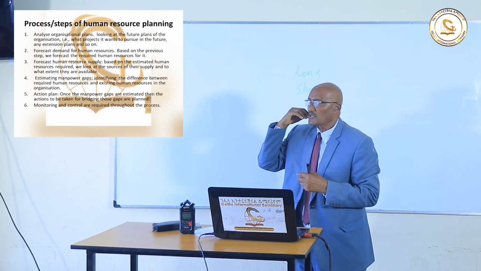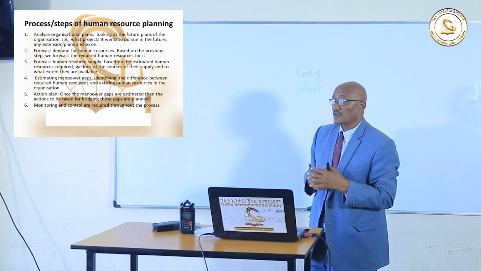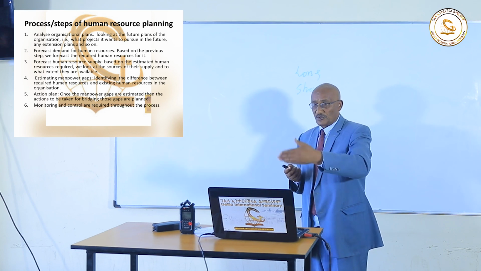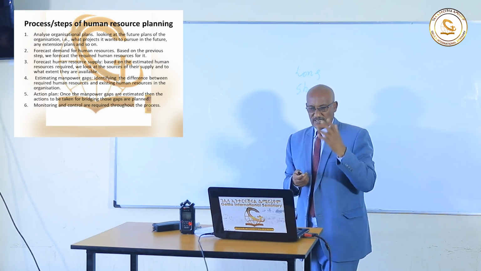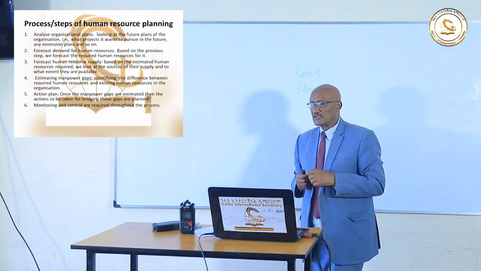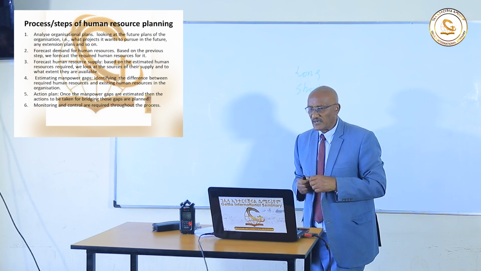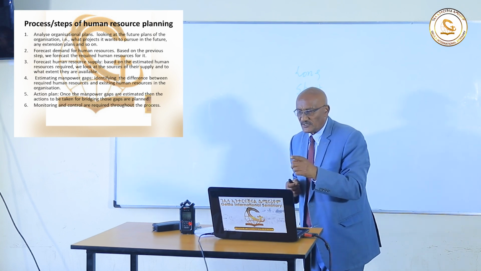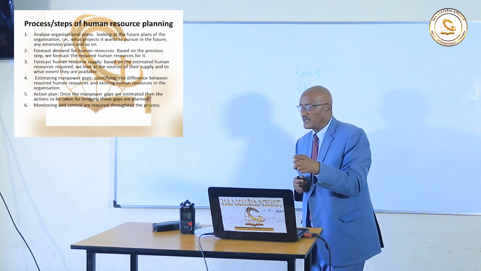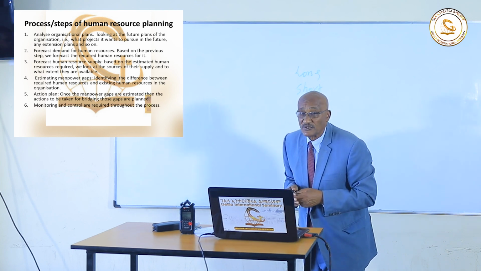Do you have some people in that area in order to recruit those people from that organization? That is one thing. The third point is forecast human resource supply. This is based on the estimated human resource required. We look to sources of the supply. Do you have the right source?